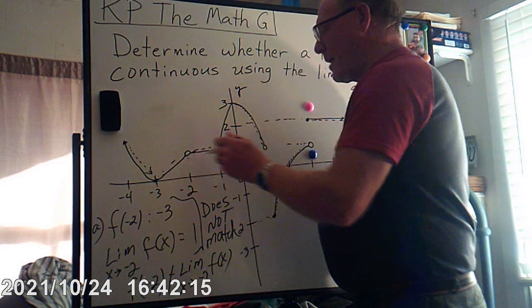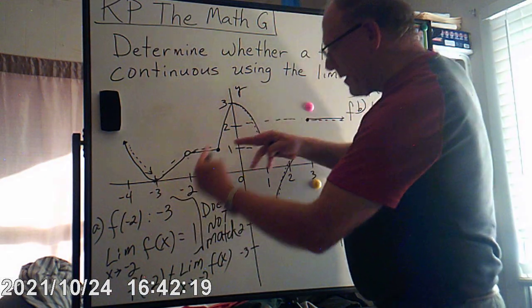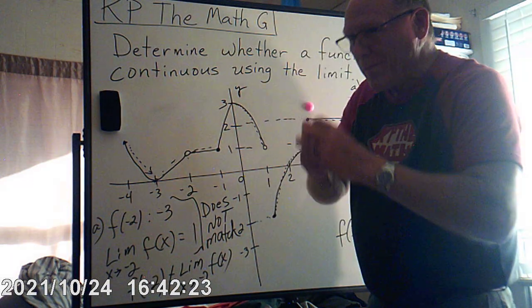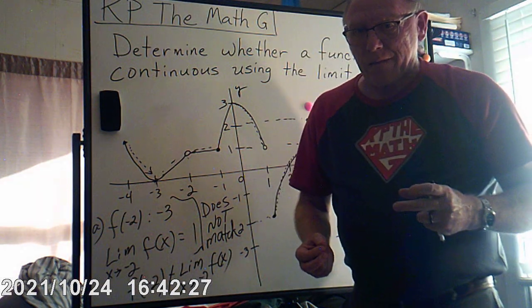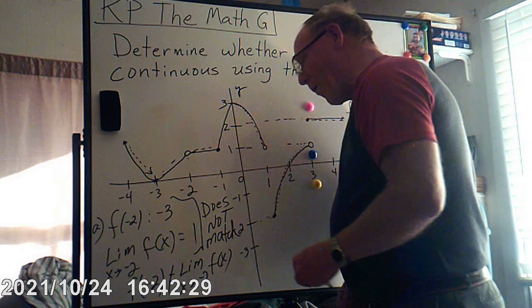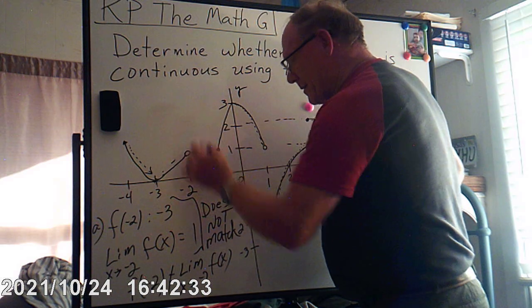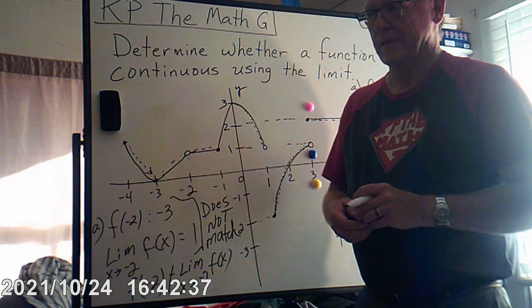And yes, even though the left side and the right side limits do come together at a hole, you have to understand it's a hole. Okay? And if it's a hole, this is not existing.